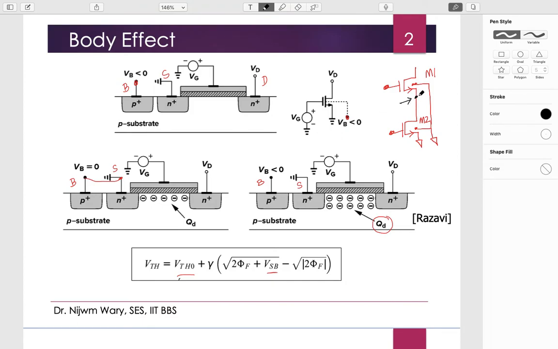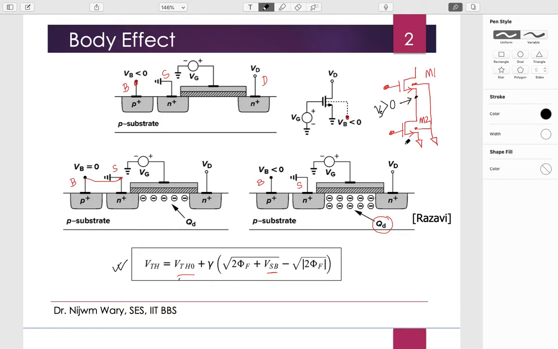So the potential at this point, Vs, is greater than 0. Then what is happening? The bulk is at 0 and this node is at a potential higher than 0. So the threshold voltage of M1 will be modified, and you will get the threshold voltage of M1 based on this equation. It will not be a normal threshold voltage.